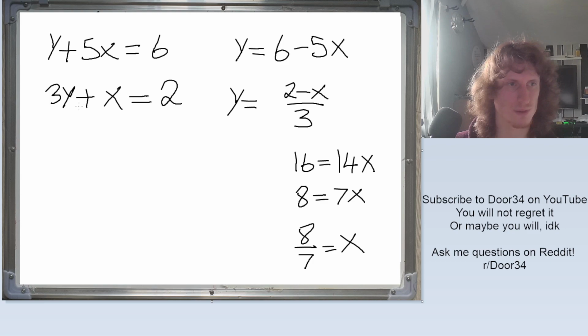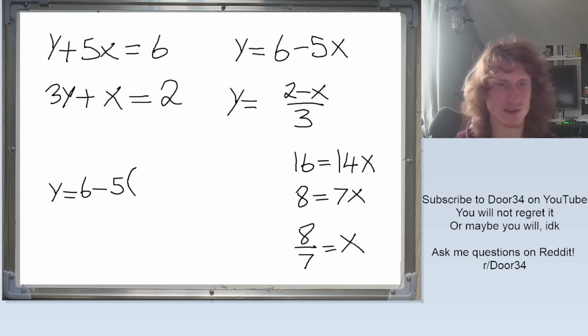And let's plug it into, I'd say probably the top equation is going to be the best one. So I get that y is equal to 6 minus 5 times by, we know that x is equal to 8/7, times by 8 divided by 7. So, I mean, if you have access to a calculator, that's probably quicker, but if not, doesn't really matter.